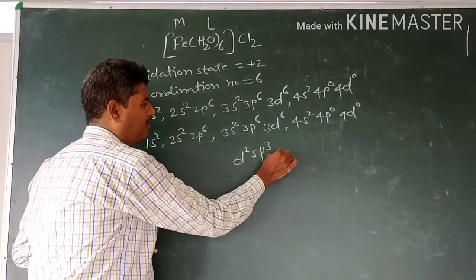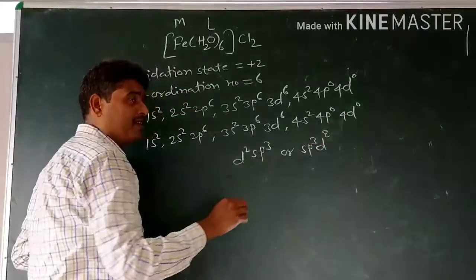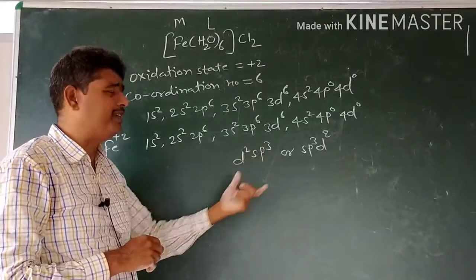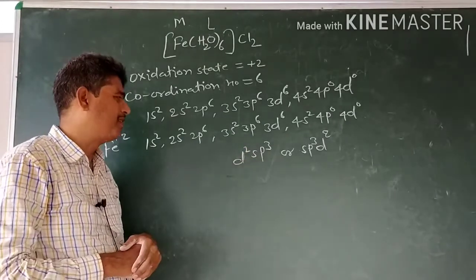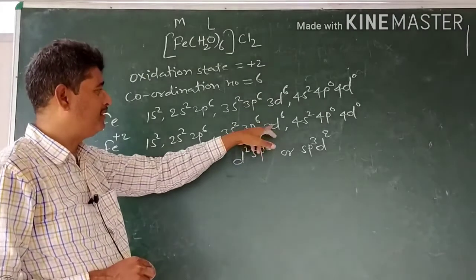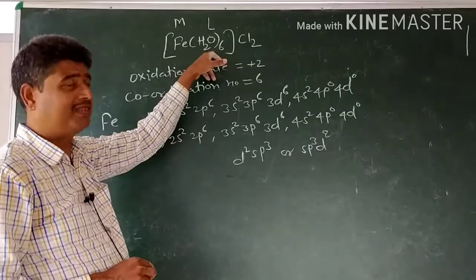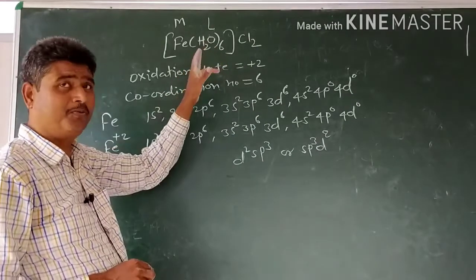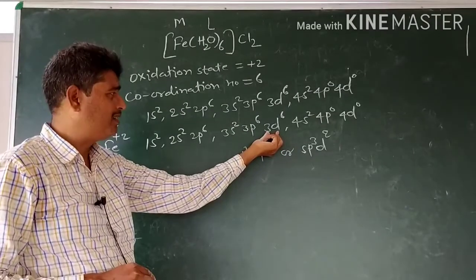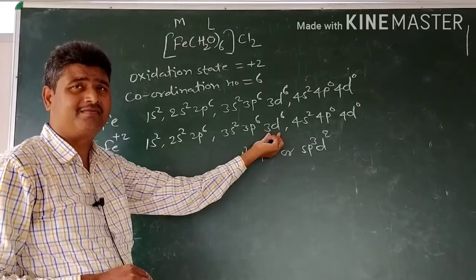d2sp3 or sp3d2. Now the question arises: which one will be taken up here? Since water is a weak ligand, pairing will not occur in 3d. Thus, the 3d orbital will not vacate.